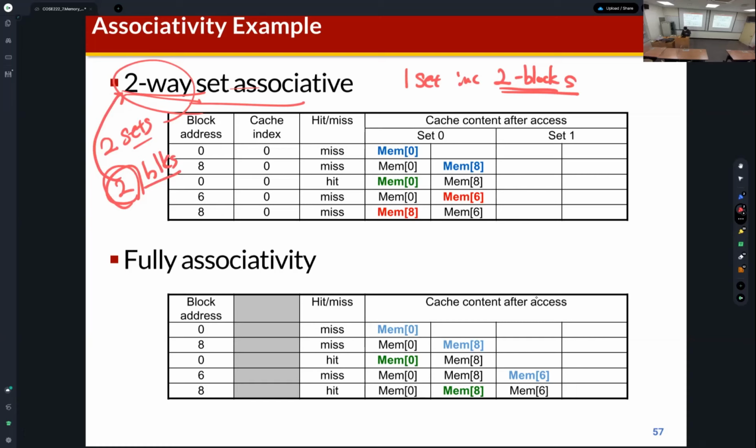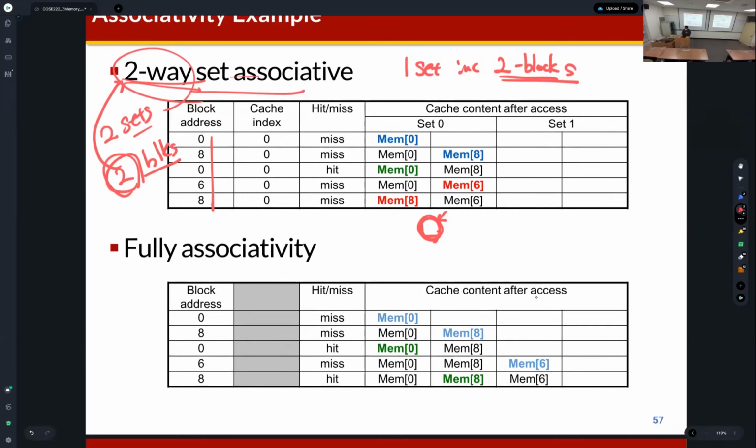Which means in the block address, the LSB 1 bit is used for the index of this cache. Understand? Because this cache has only 2 sets. So let's see the behavior of the cache.